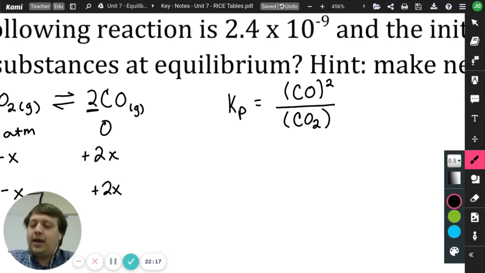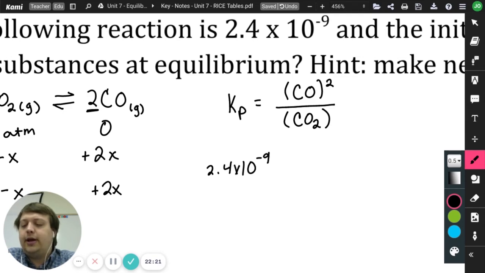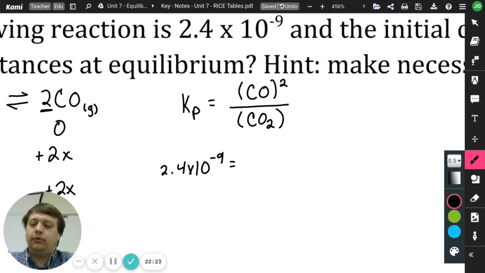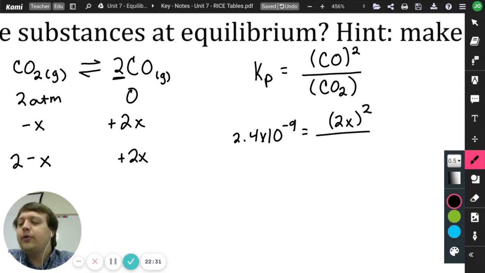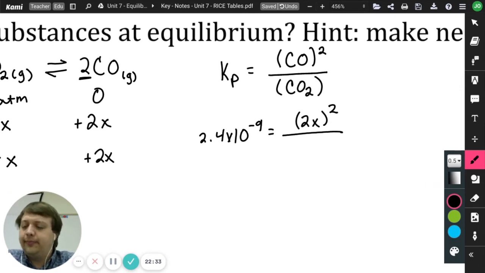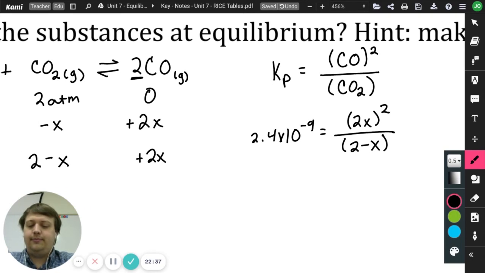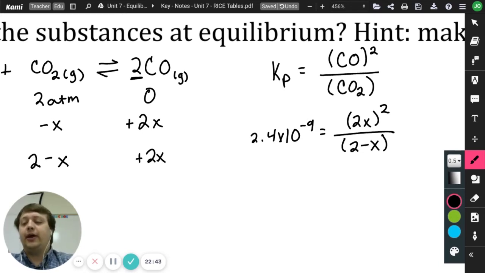My Kp was 2.4 times 10 to the negative 9, and that equals my CO, which we found to be 2x. We're going to take that and square it, divided by 2 minus x. Okay?